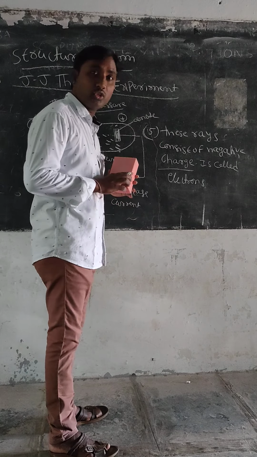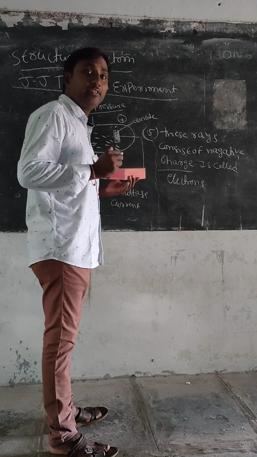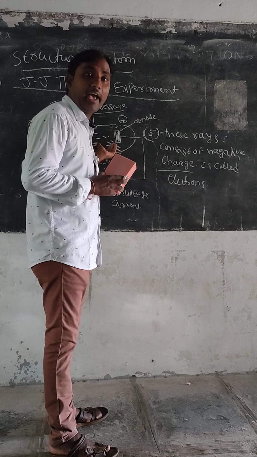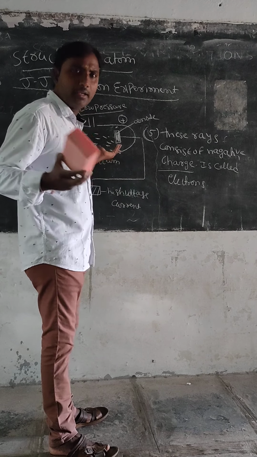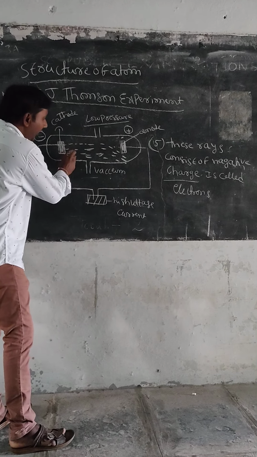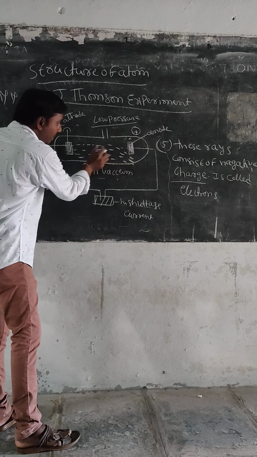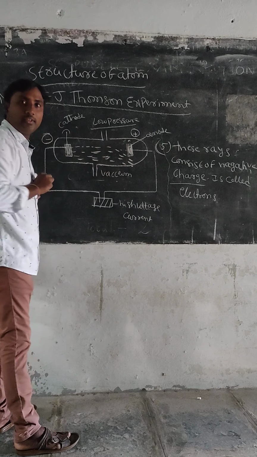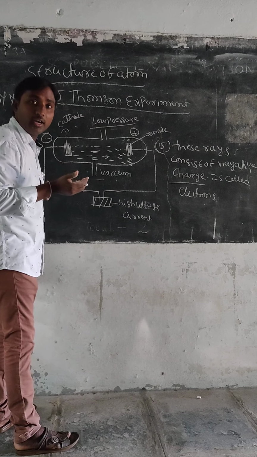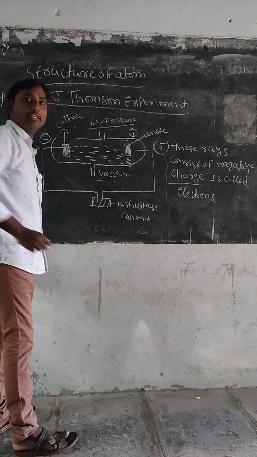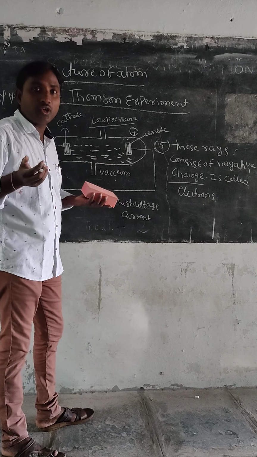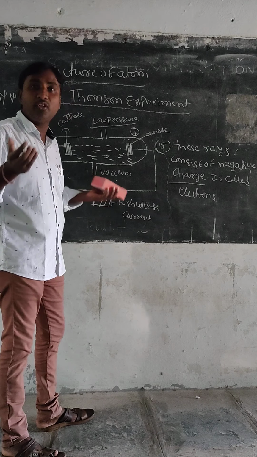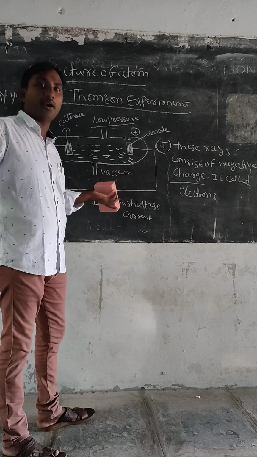How can we decide these rays have negative charge? Simple. These rays move towards the anode. What charge does the anode have? Positive charge. Generally, in the direction of a positive charge electrode, which particles move? Negative particles.